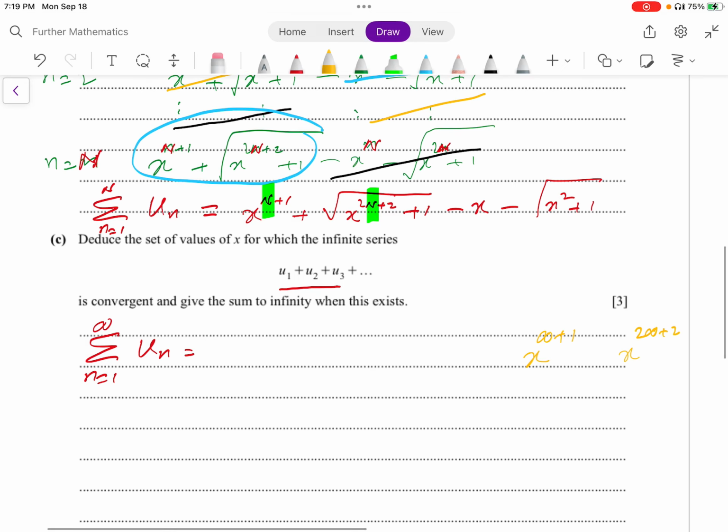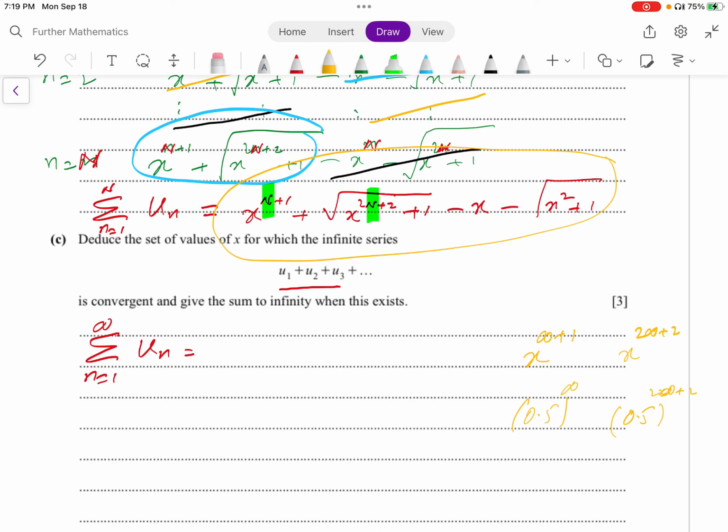Now this entire sum will be convergent only if x is between minus 1 and 1, because whenever you take a value, say 0.5, raised to the power of infinity plus something, that is still infinity, or infinity times 2 plus 2 is still infinity.